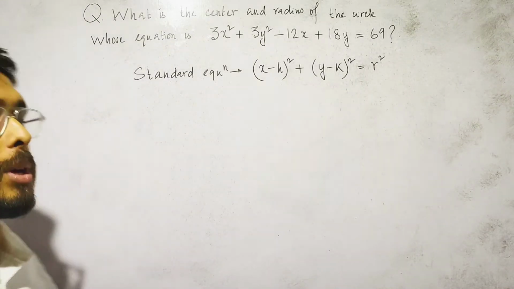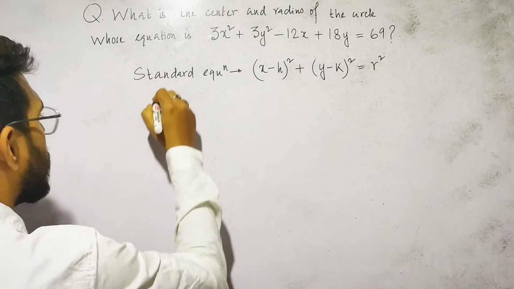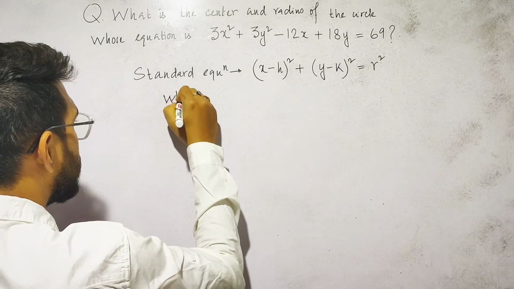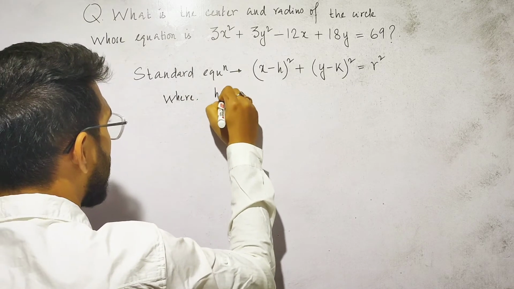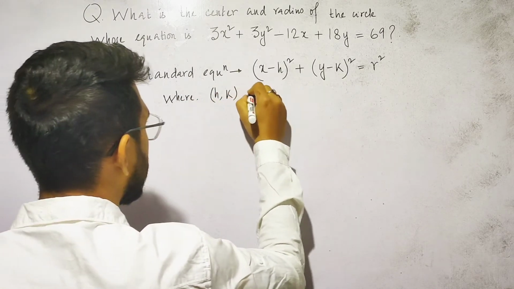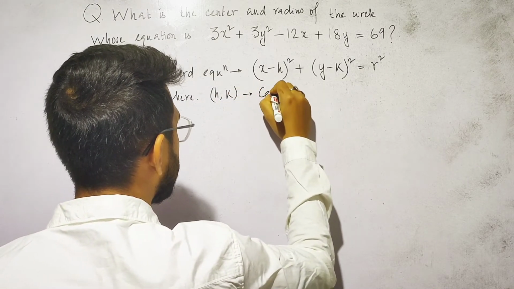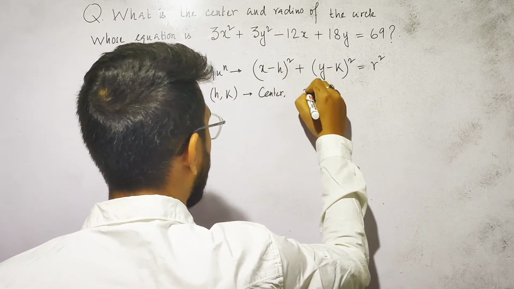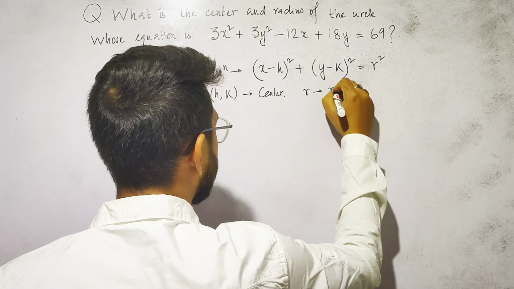That is the standard equation of a circle, where h comma k is the center and r is the radius.